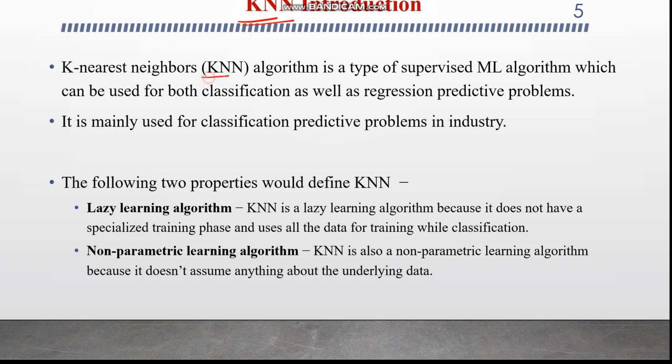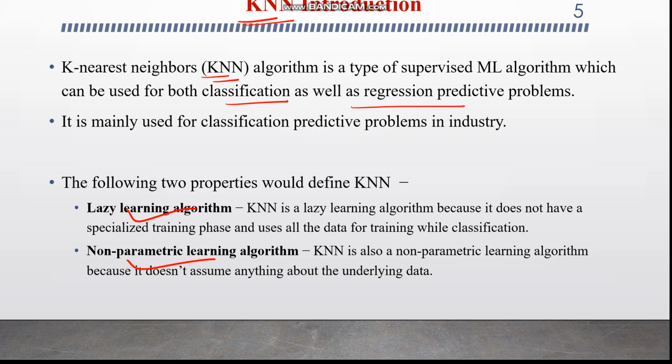When we talk of the K nearest neighbor algorithm, it is basically a type of supervised learning which can be used for classification as well as for regression of predictive problems, and the main target is to do classification in this case. K nearest neighbor has two properties: it is a lazy learning algorithm and a non-parametric learning algorithm.